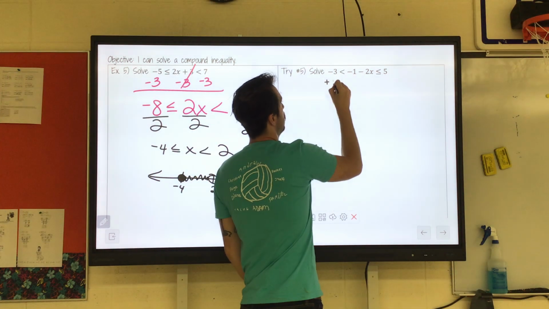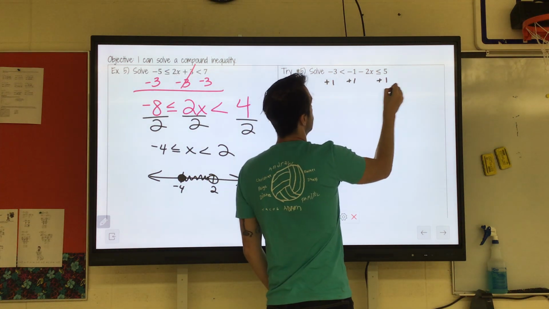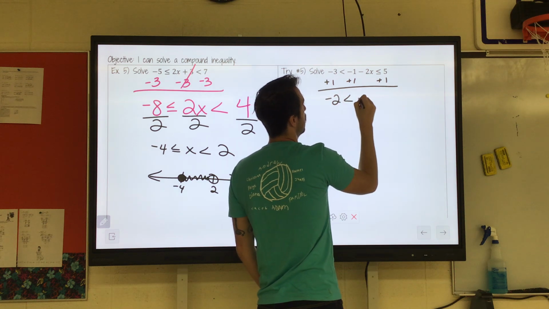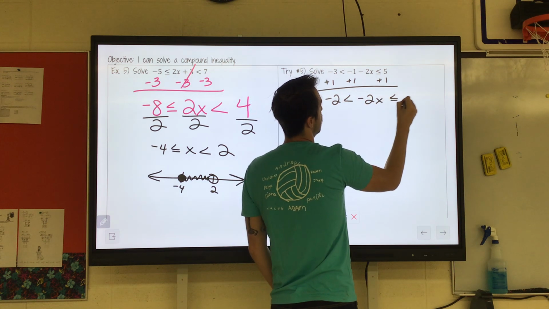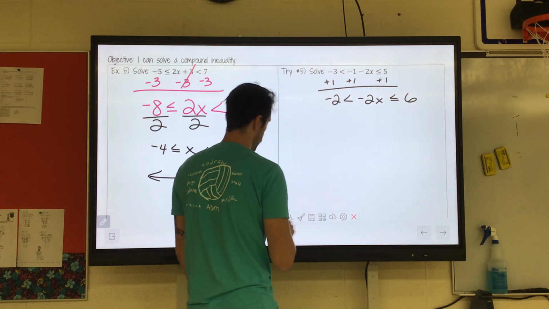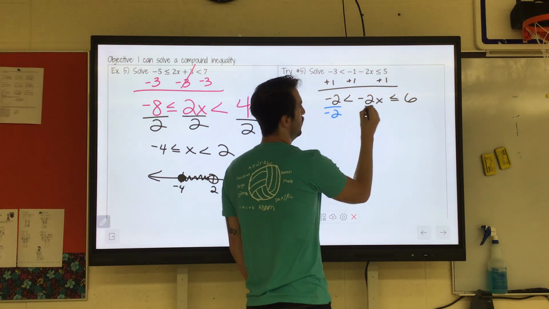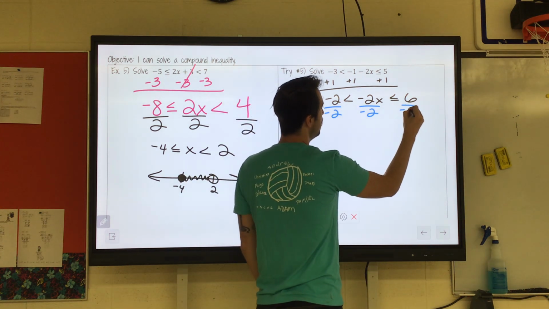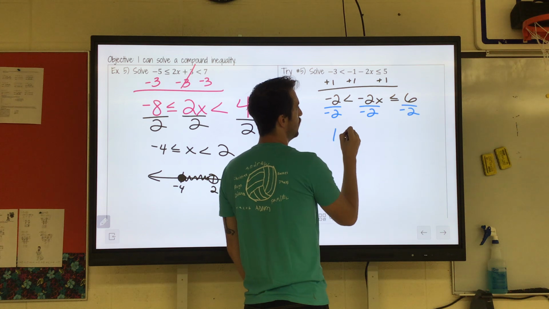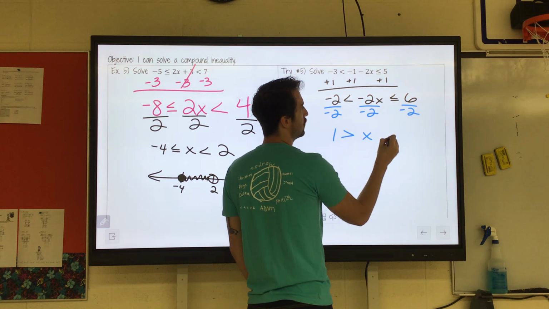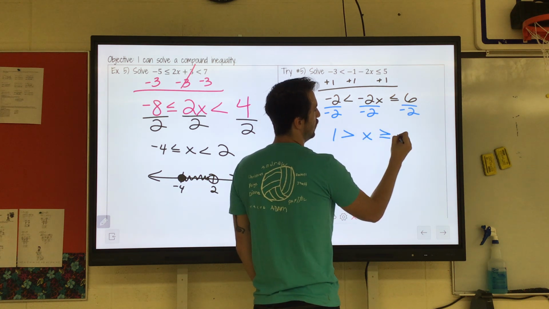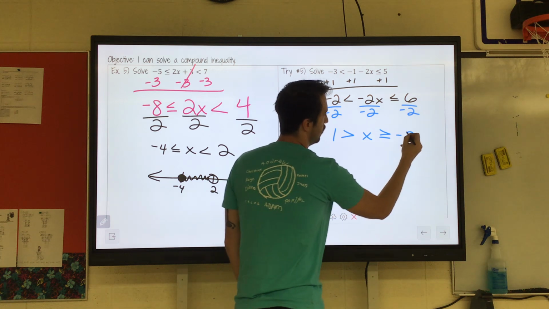Add 1 to all the sides. Divide by -2. I better remember to flip those inequalities. 1 is now greater than x greater than or equal to -3.